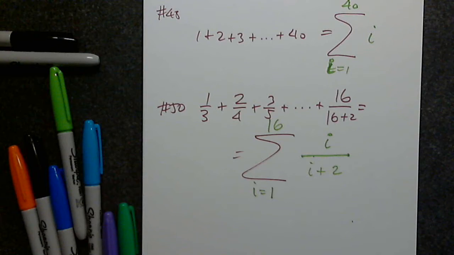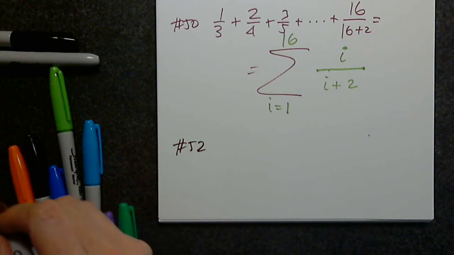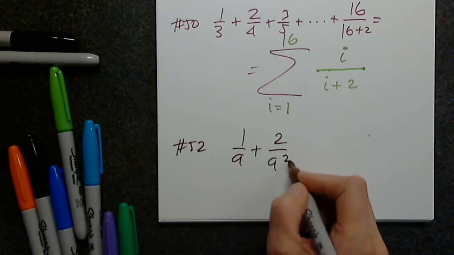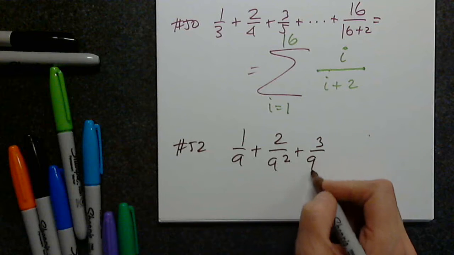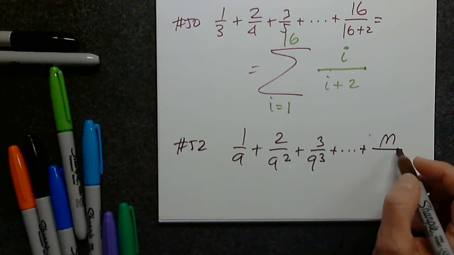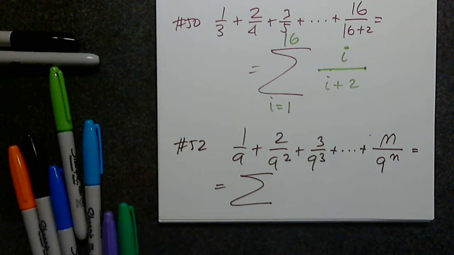Okay, here's another. 52. Same page. 1 over 9 plus 2 over 9 squared plus 3 over 9 cubed plus dot dot dot plus the last one, n over 9 to the nth power. They want us to write the summation notation.